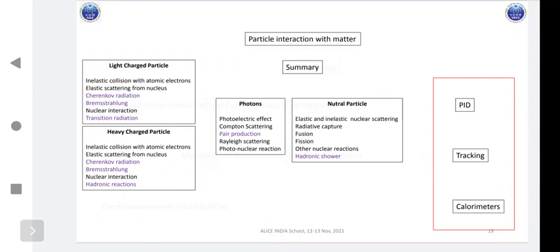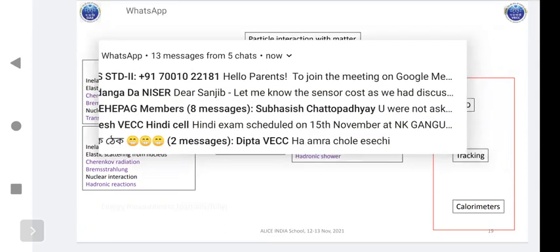Okay. And for photons and neutral particles, the most important are pair production and hadronic shower. Apart from these, the other interactions in this list are also important in a sense. When a particle passes through a block, it will deposit some amount of energy because of collisions, and these collisions could be because of, say, Compton scattering, say Thomson scattering, or something else.